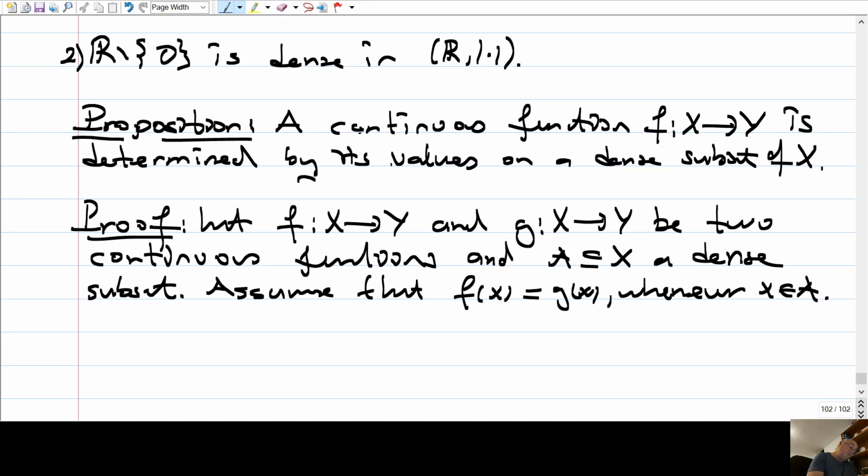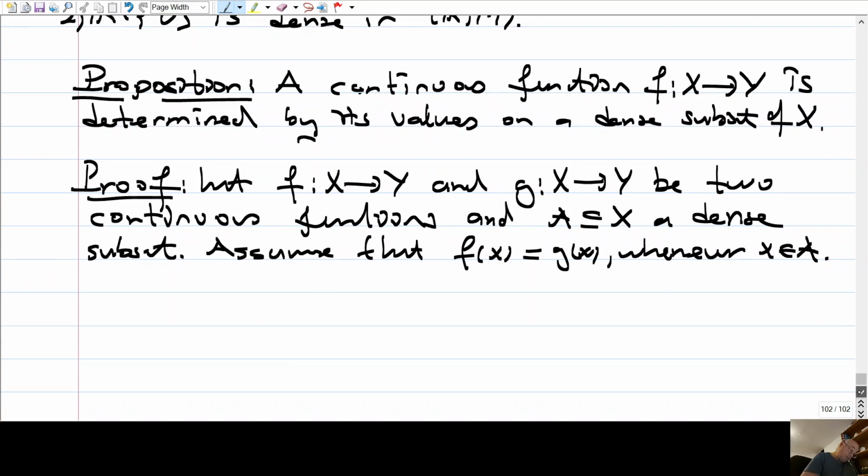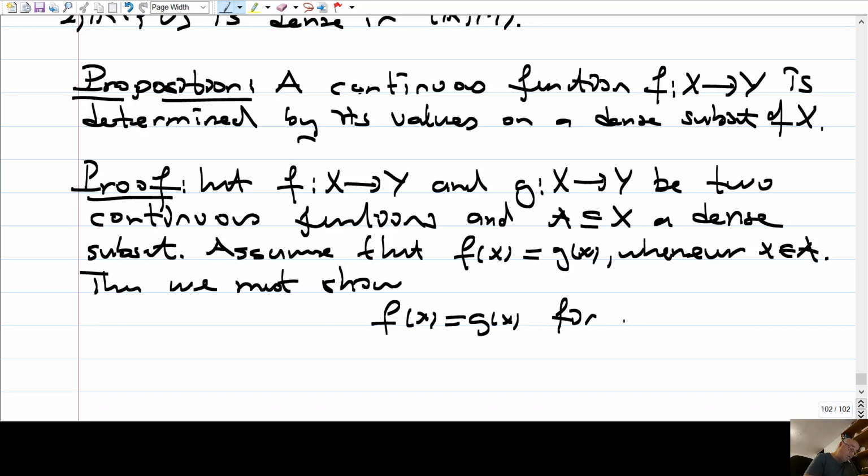The proposition tells us what? Then we must show f equals g for all x in X. In other words, if they agree on A, then they have to agree on X. That is the content of this proposition.